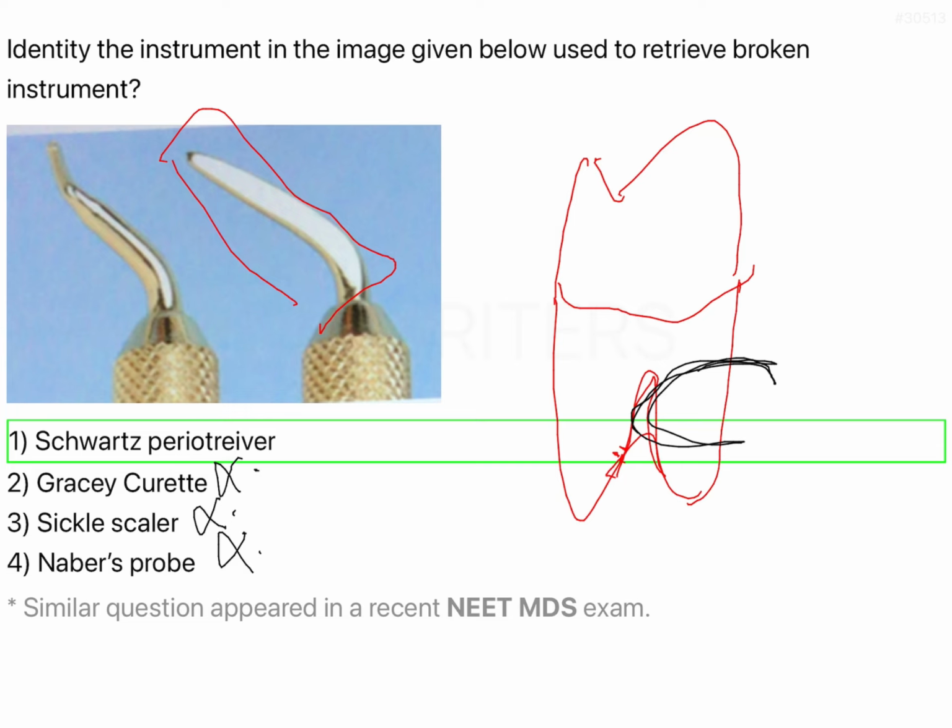So you take the instrument, you place it in the sulcus. By magnetic attraction, they are able to attract the metal instrument which is present within the sulcus, and it is easily taken out. That is why Schwartz periotrievers are primarily used to remove instruments broken within the sulcus or in the periodontal pocket, and it is easy to retrieve them because of their property of magnetic physics. Okay.